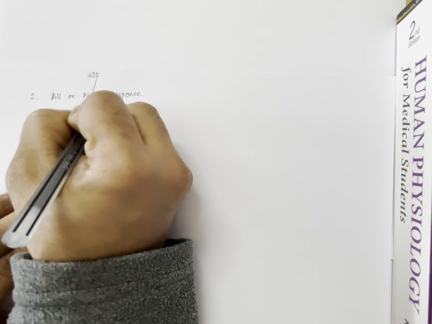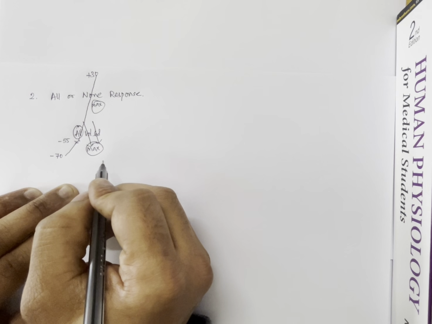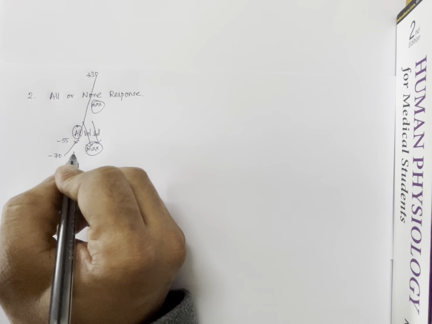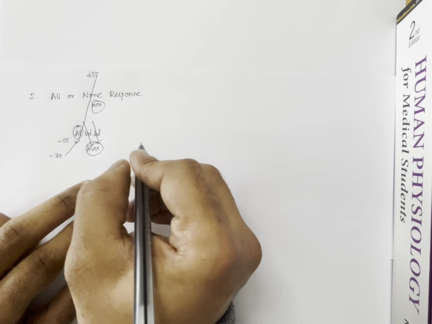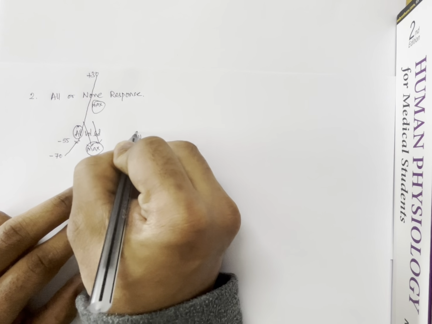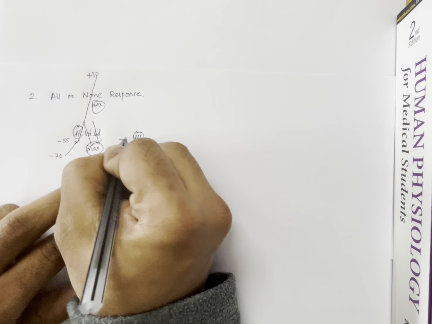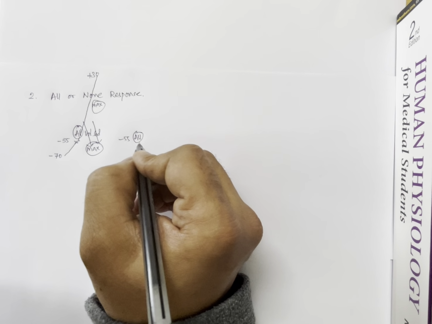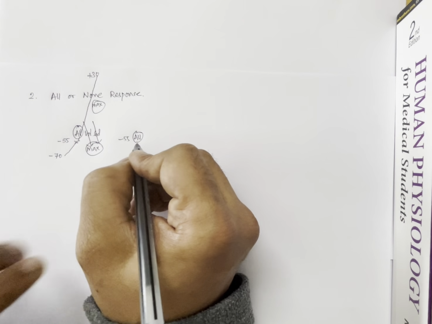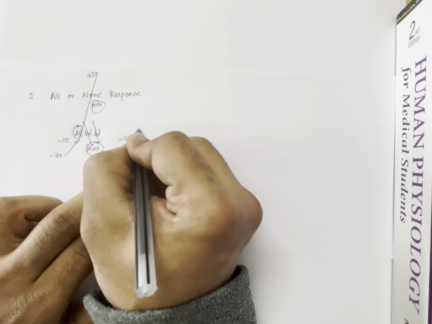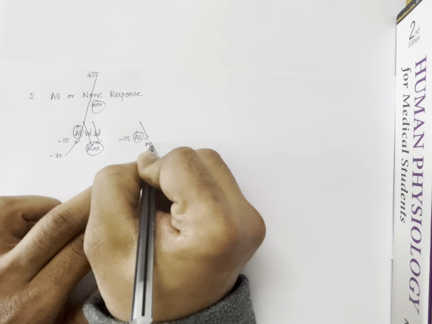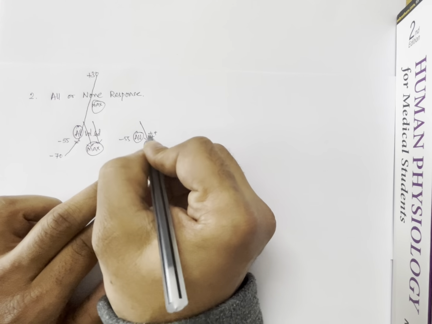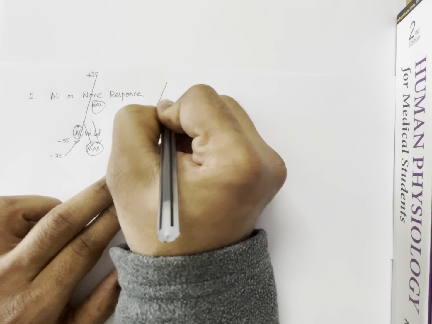The amplitude is maximum. So with the threshold stimulus, what is happening? With the threshold stimulus, all the voltage gated sodium channels get opened at minus 55 millivolt. Because of the activation of all voltage gated sodium ion channels in that region, there is maximum entry of positive charge into the cell, resulting in maximum depolarization.